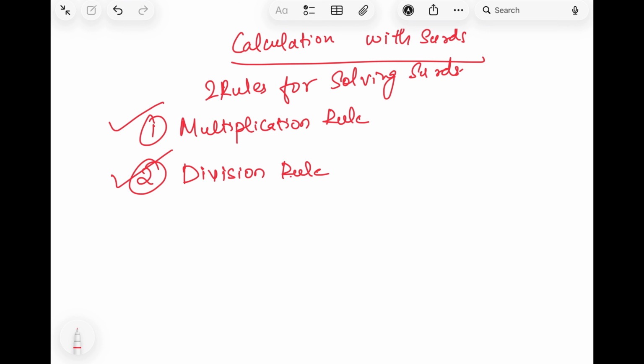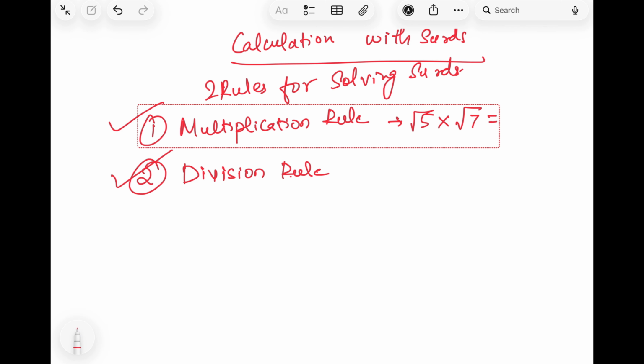So how do we solve multiplication rule and division rule with surds? We will see that. Suppose we have two numbers, root 5 into root 7. Okay, both the numbers, root is not possible for both the numbers, right? Because both of them are surds, right? So what does the multiplication rule tell us? If there are two surds in the same root, this is in the square root, this is also in the square root, then you can just multiply them.